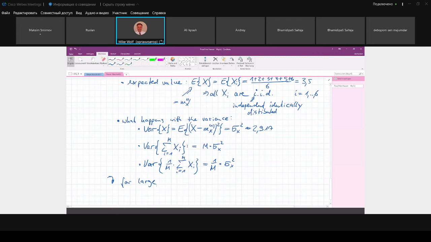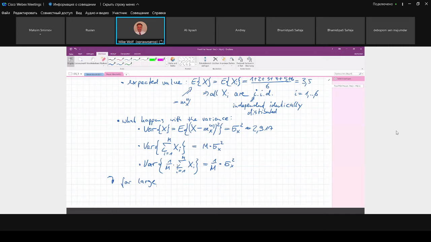But if I divide by M, of course, the expected value of the arithmetic mean is 3.5. There's no question. And the variance becomes lower and lower if I increase this M. So I can be sure that if I make a trial, the result is random, but it's absolutely close to this expected value of our random variable.